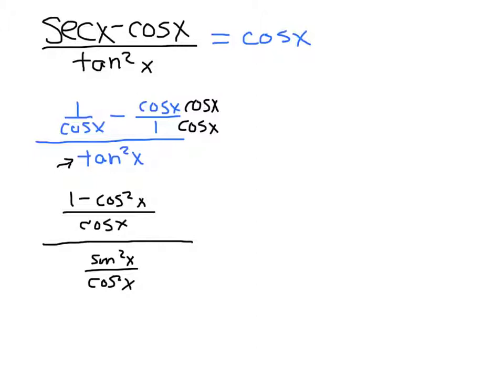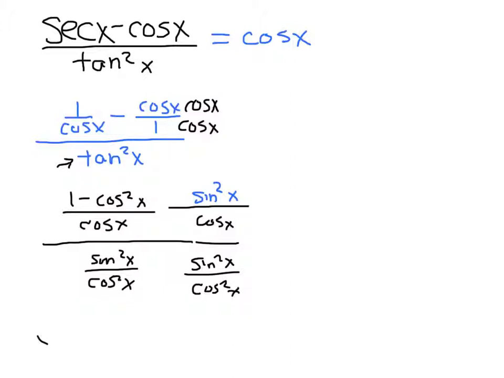Let's see. So now I'm trying to look at what looks familiar, and this top piece right here looks like one of my Pythagorean identities, and it's sine squared x. So I've got sine squared x over cosine of x over sine squared x over cosine squared x.